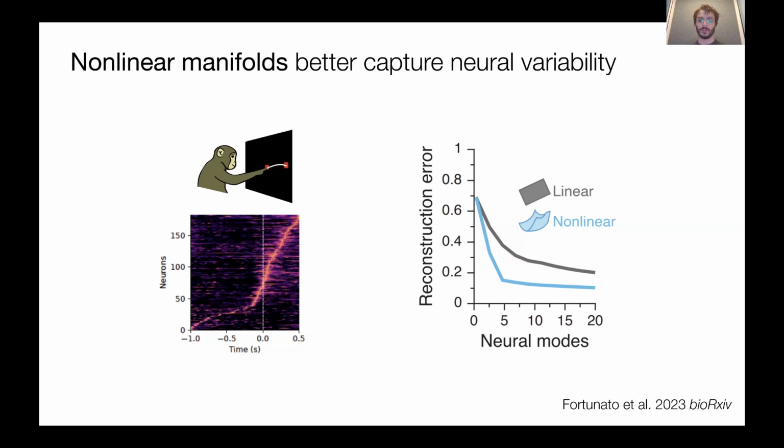So here the horizontal axis of the plot on the right corresponds to the dimension of the manifold, so line, plane, volume, and so on. And the vertical axis corresponds to the reconstruction error of the data using this particular dimension across the nonlinear and linear manifold. And what they found was that the nonlinear manifold was capturing the data with many fewer dimensions.